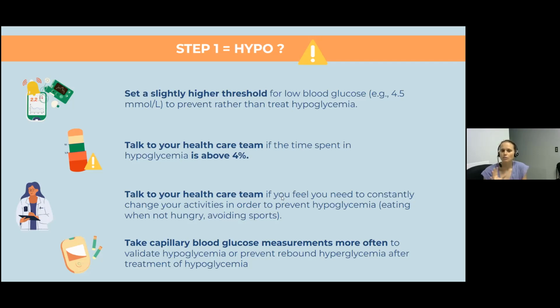And if you see in your report that your percentage of time in hypoglycemia is above 4%, that would also be an indicator to say, that's a little too much, what can we do? I need to talk to my team about this.